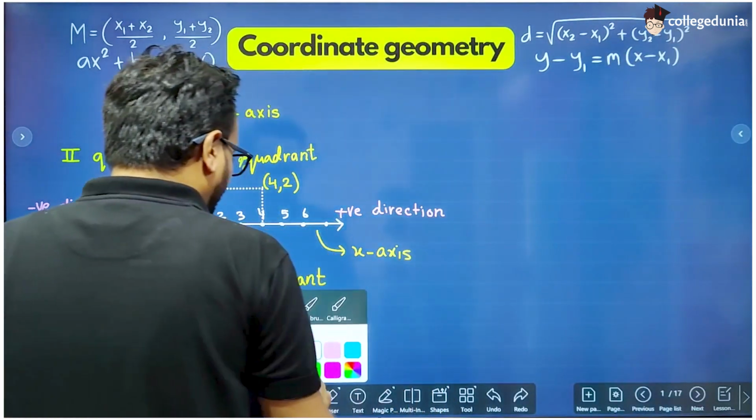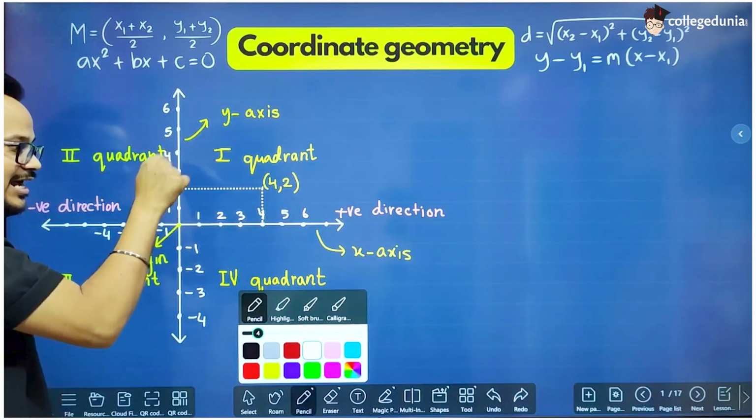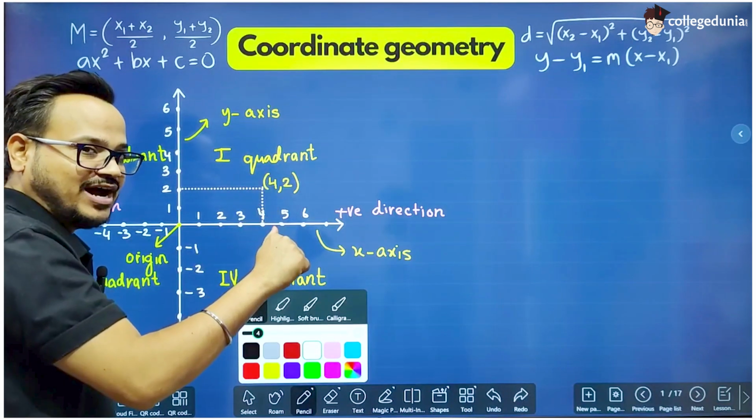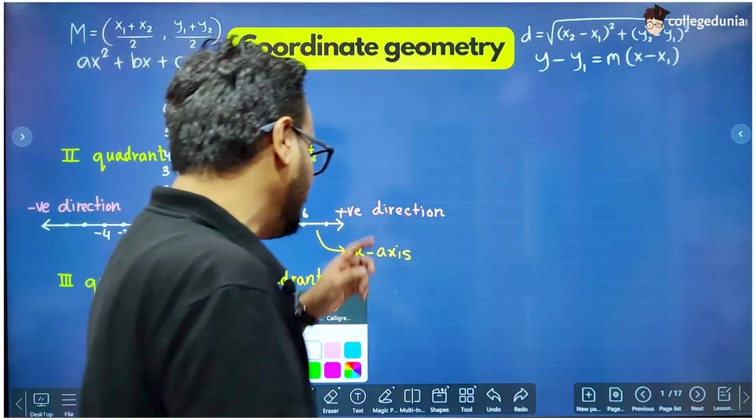So 4, which is the x coordinate, is actually the distance of this point from y axis, right? And 2, which is the y coordinate, is the distance of this point from x axis, as you can clearly see.